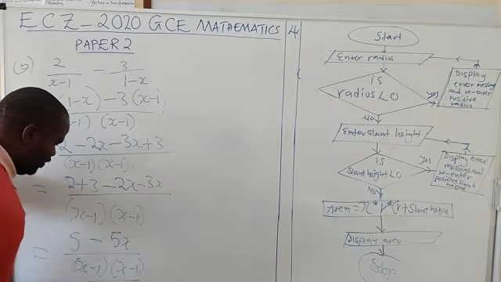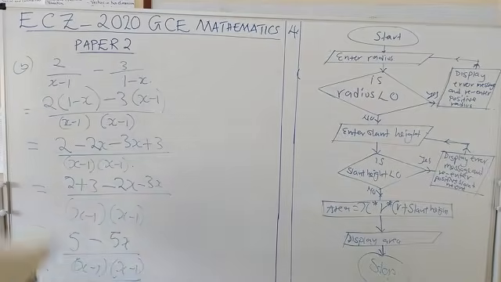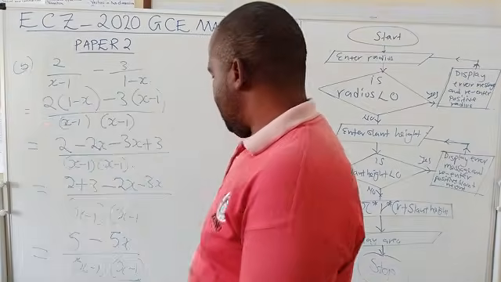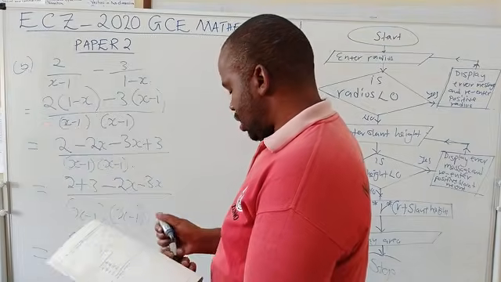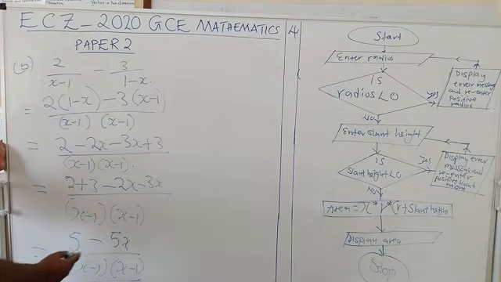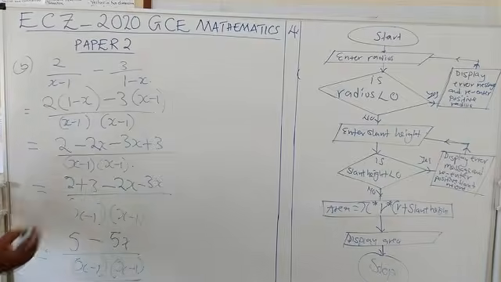This is not the final answer. We can still deal with it. Now, what we are going to do is look at what is common here. What is common here is 5. You can put out the 5. But you can check what is down here.